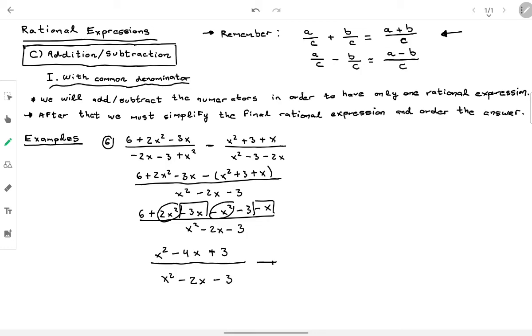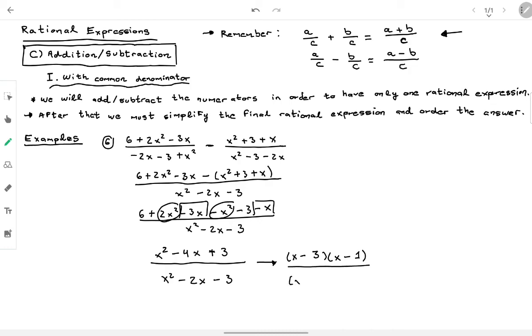So in this case, we have polynomials on both numerator and denominator, so we must try to factorize them. So let's check. On the first one is going to be x minus, x minus, two numbers that when they get added, it's minus 4. When multiplied, it's plus 3: minus 3 and minus 1.